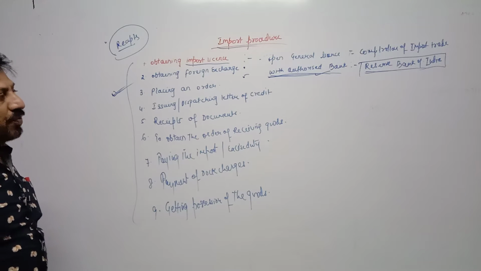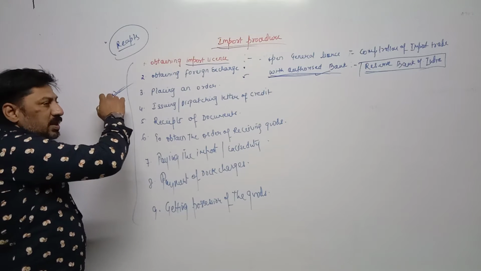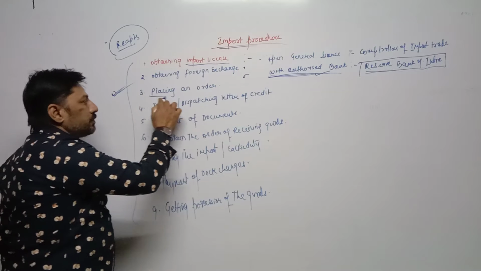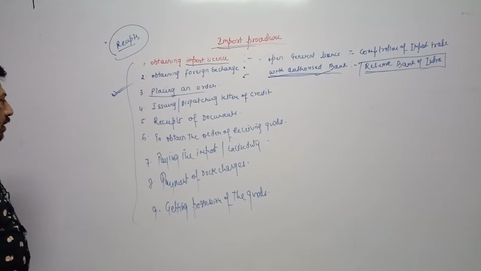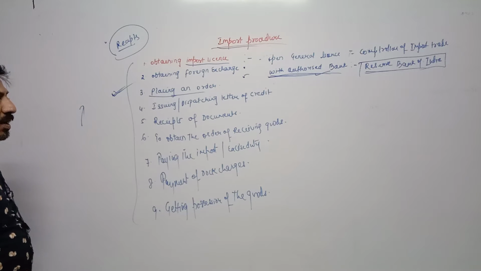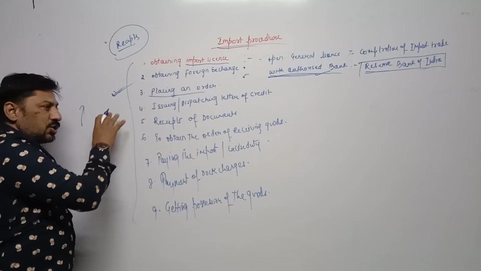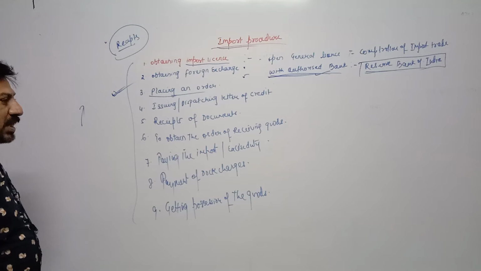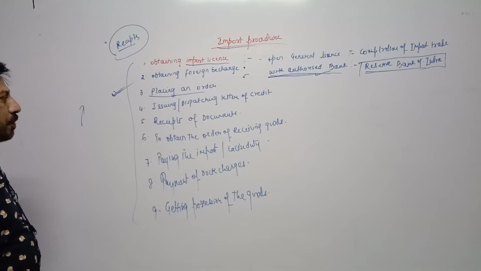After getting permission from RBI regarding conversion of Indian rupees into foreign currency, comes placing an order. Like when we are purchasing any goods from a market, we visit a number of shops, and the shopkeeper who is selling quality goods at a reasonable price, from that seller we purchase goods.